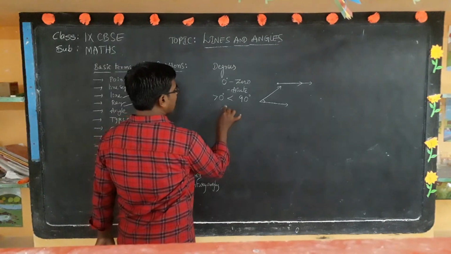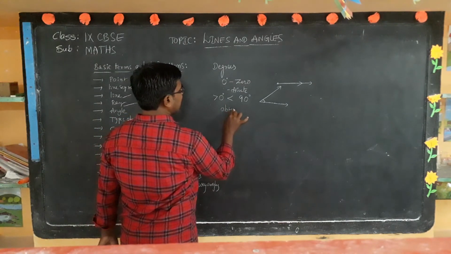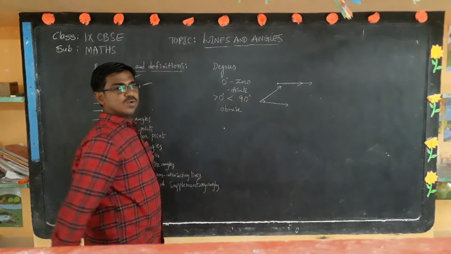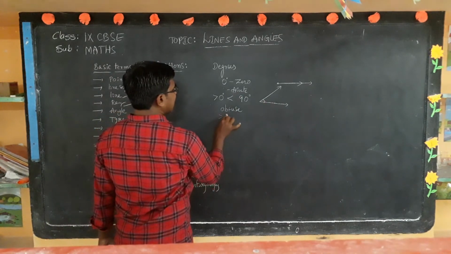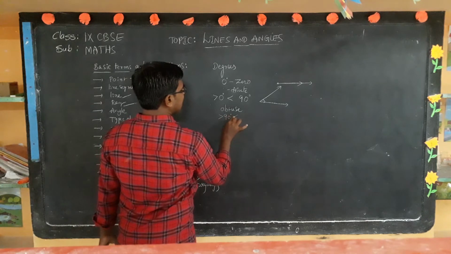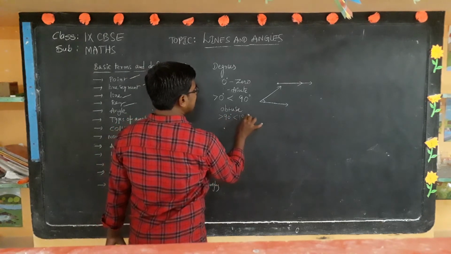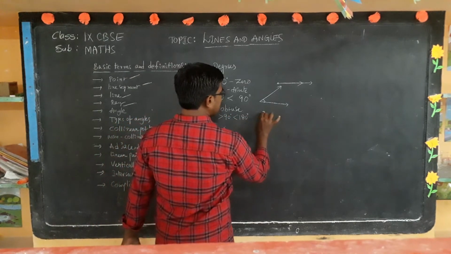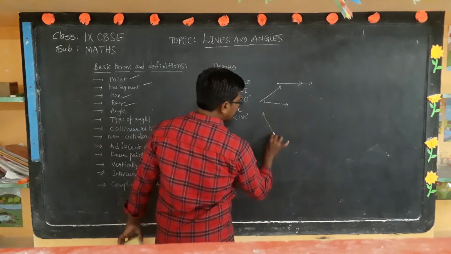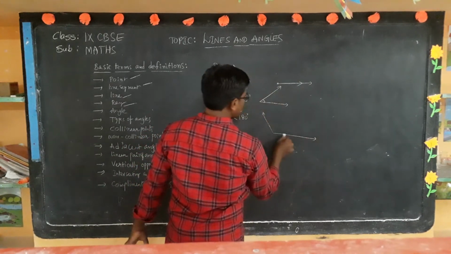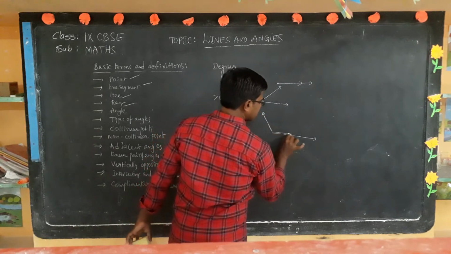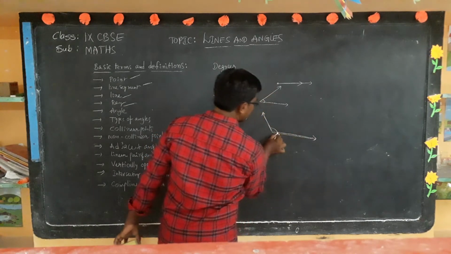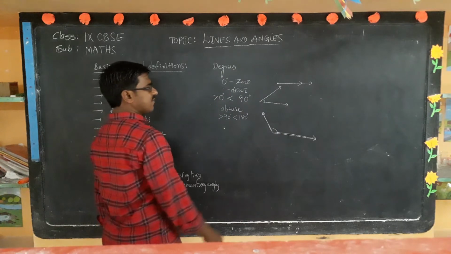And the next one is the obtuse angle. If the measure of an angle is greater than 90 degrees and less than 180, we call it an obtuse angle. The angle will be like this, more than 90 and less than 180.